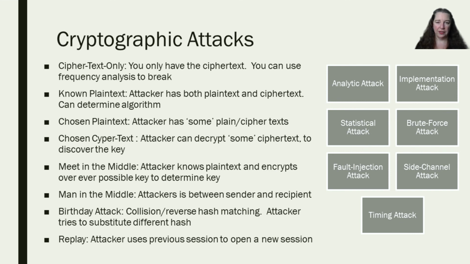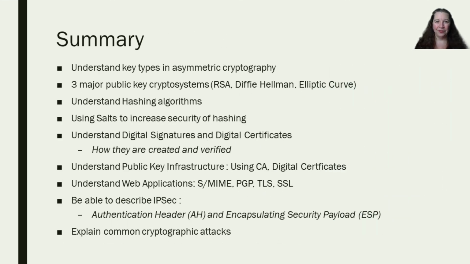So in summary, from Chapter 7, it is important for you to understand the key types in asymmetric cryptography, the 3 major crypto systems, so your RSA, your Diffie-Hellman, and your elliptic curve. Understand how hashing algorithms work. How do you use salts to increase the security of hashing by adding randomness?